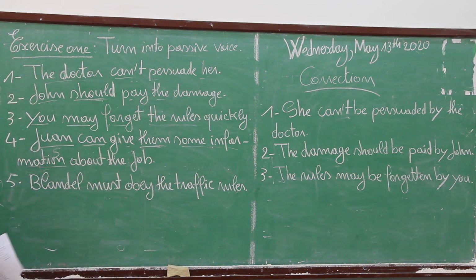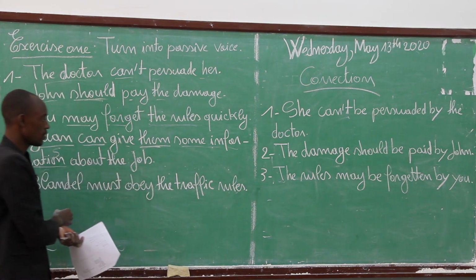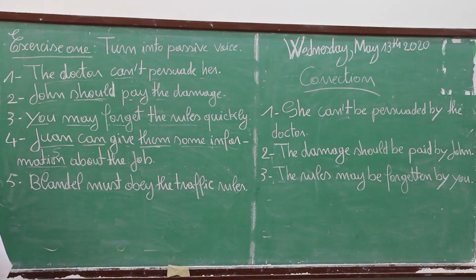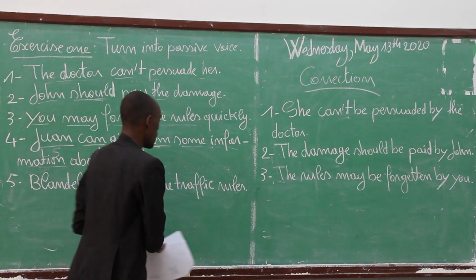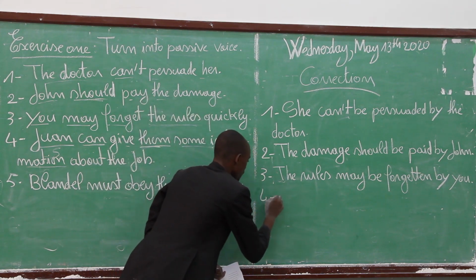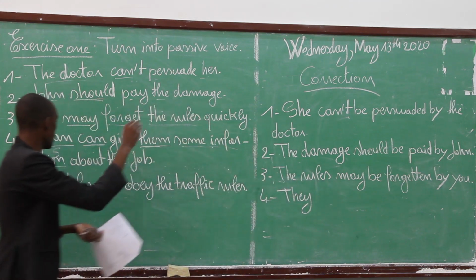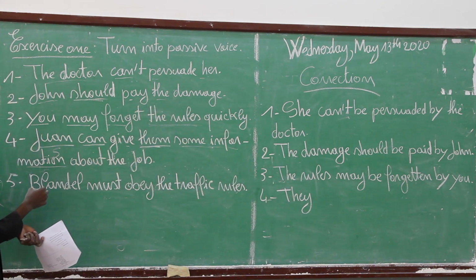Donc ici nous avons deux objets, okay? Donc we are going to make our choice. I don't know if we can start with them as the first object or the last one, some information. Now let's take them. Them in passive voice becomes they. And here we have they.